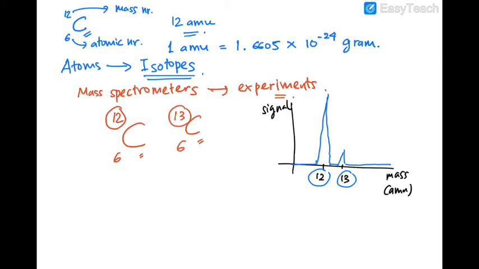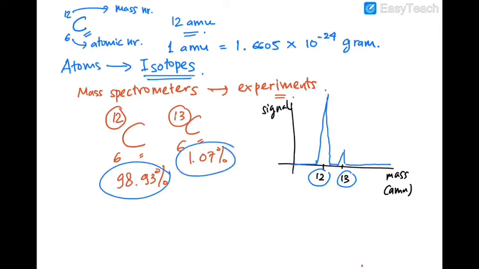And based on experiments, we know that we have the 12 carbon at around 98.93%, and this one is the rest. So it's 1.07%. These numbers we call isotopic abundance.